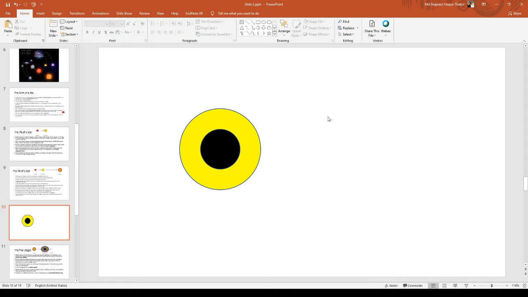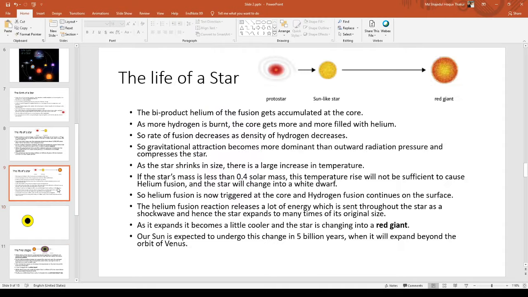So now we have the same amount of hydrogen but in a smaller space. Therefore there will be an increase in temperature, because there will be more collisions: the same amount of hydrogen in a smaller space, more collisions. More collisions means more kinetic energy, and more kinetic energy means higher temperature.